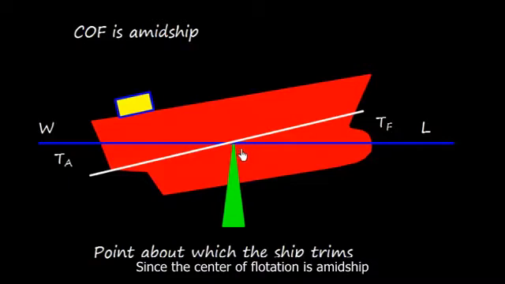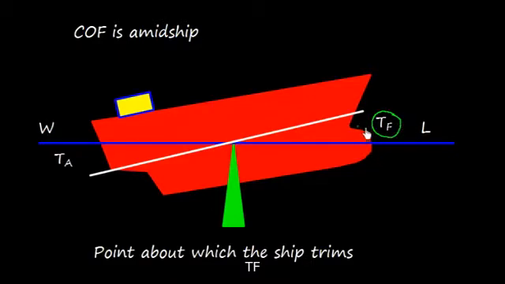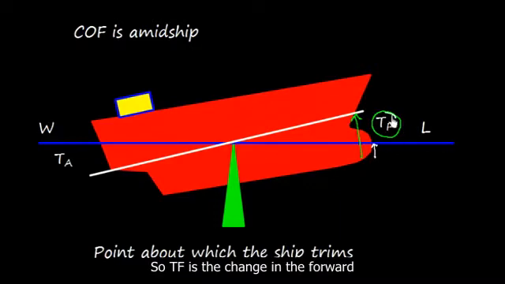Since the center of flotation is amidship, the change in the forward draft is TF. Initially the draft was this. However, after shifting this weight, my draft is this one. So TF is the change in the forward draft. Similarly, TA is the change in aft draft.